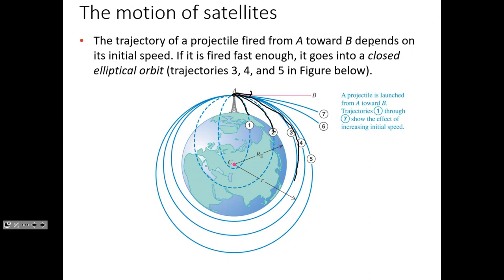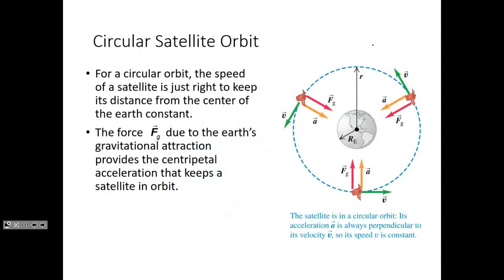And what's the relation between the initial velocity you give here and the orbit of the satellite? Newton's second law dominates here. So you have the satellite. What's the force on the satellite? We can ignore the other forces.